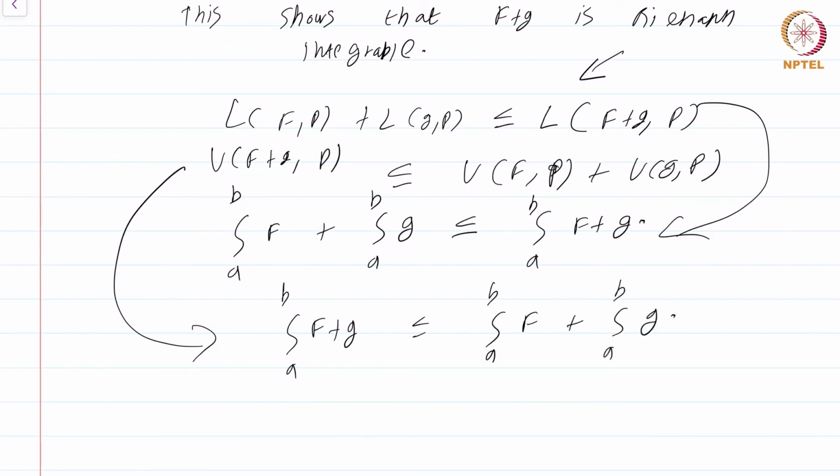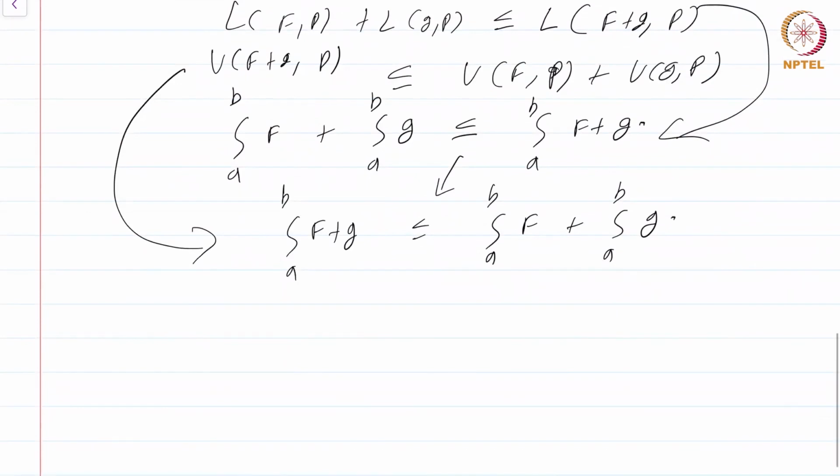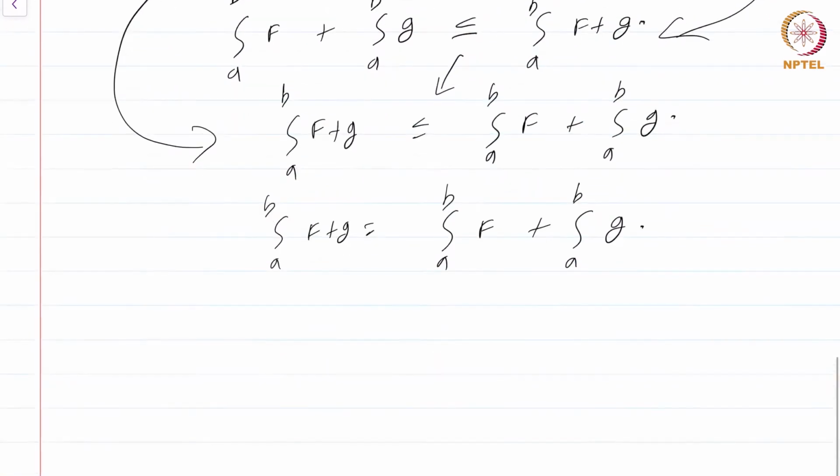Okay, putting these two together, we get the desired result. Integral a to b f plus g is equal to integral a to b f plus integral a to b g. Okay, so this concludes the proof. The integral of the sum is the sum of the integrals. We are done.